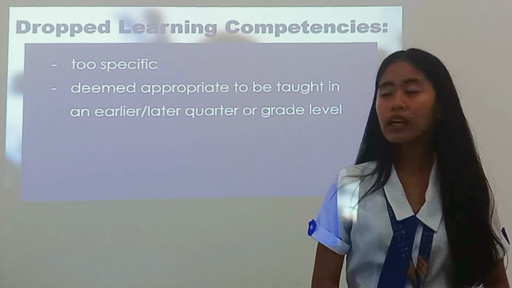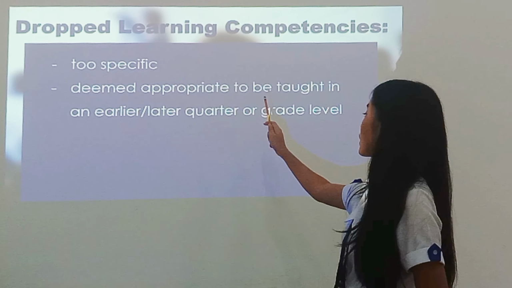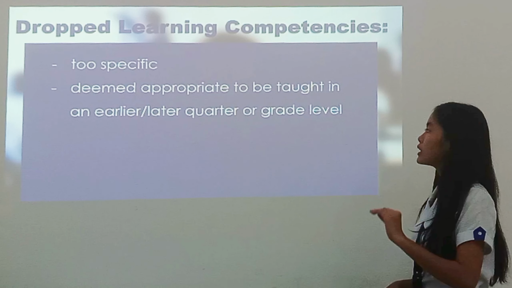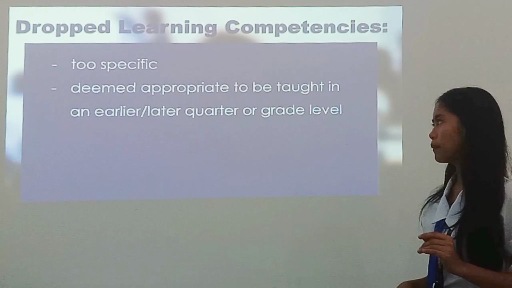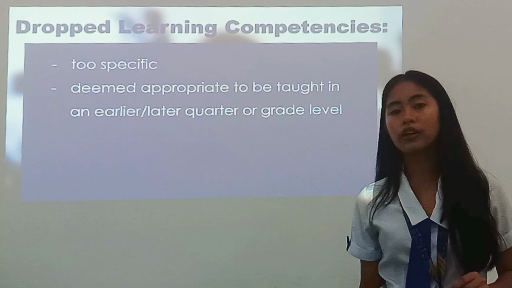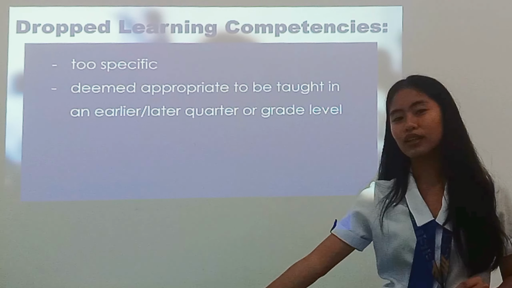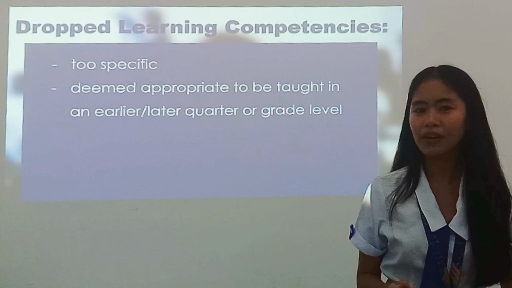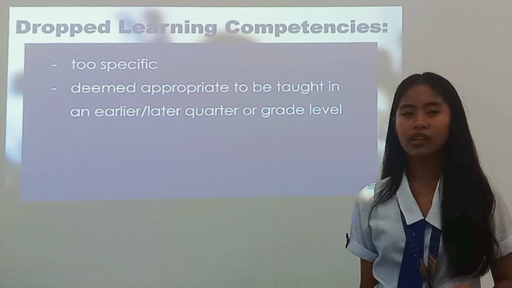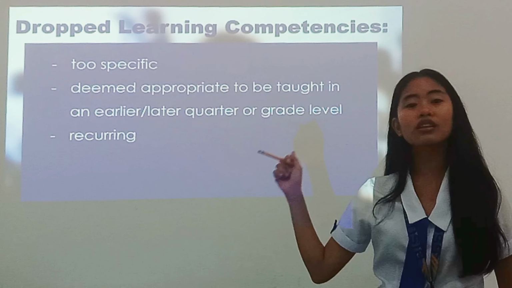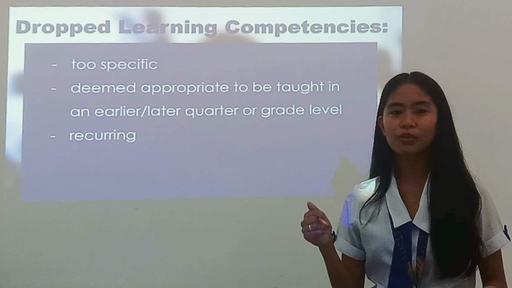Next, they are deemed appropriate to be taught in an earlier or later quarter or grade level. So it means here that a certain learning competency can also be learned in another grade level. So it is no longer important for you to relearn it in the next level, right? It becomes redundant. So that is the third here. It is redundant, recurring, and repeating.